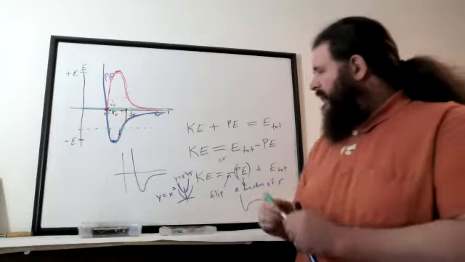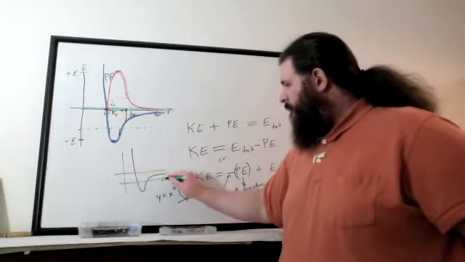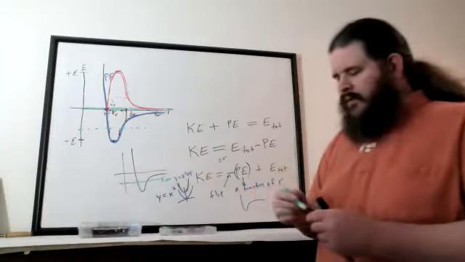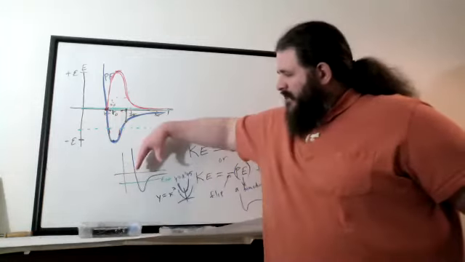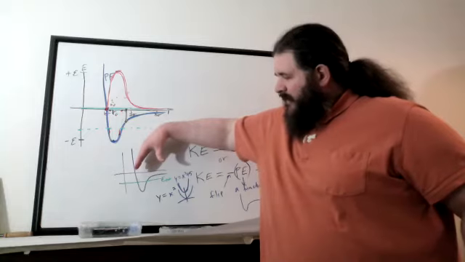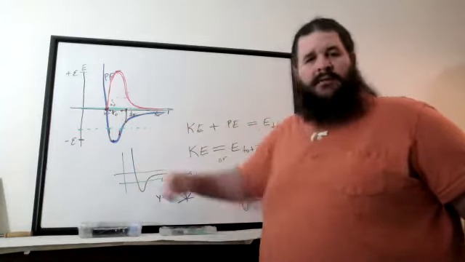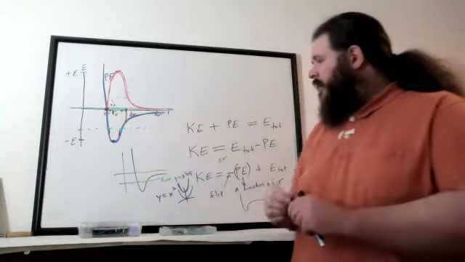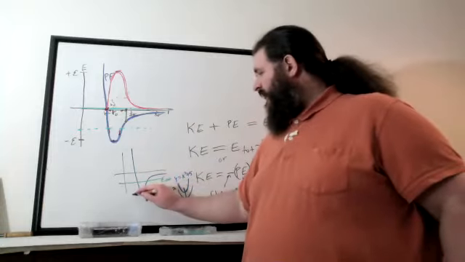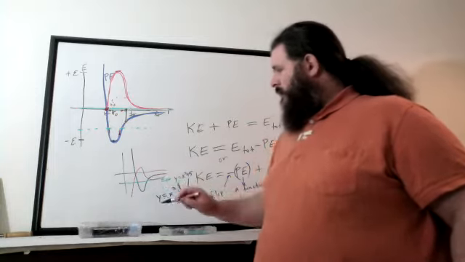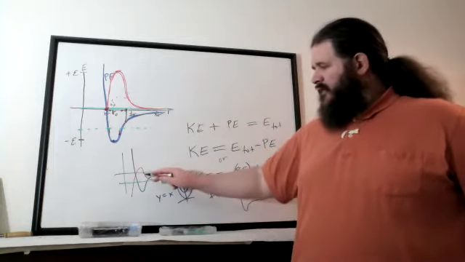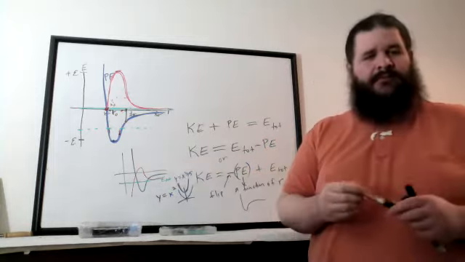If E total is negative, though, what we're going to do is take our potential energy graph, flip it exactly mirrored across the x-axis, and then shift it down because E total is negative. So our kinetic energy graph would be an exact mirror image shifted, so its asymptote is now E total instead of 0.